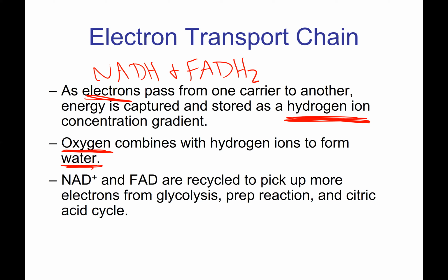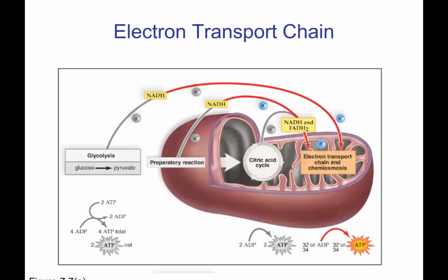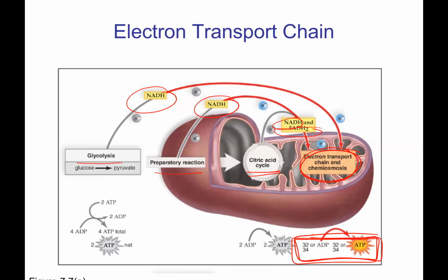Okay. And then NADH and FAD are going to be recycled. They're going to go back to pick up more electrons from glycolysis, prep reaction, and citric acid cycle. So again, we get NADH from glycolysis, prep reaction, citric acid cycle, and FADH2 from the citric acid cycle. And they are all going to go to the electron transport chain to make a majority of our ATP.